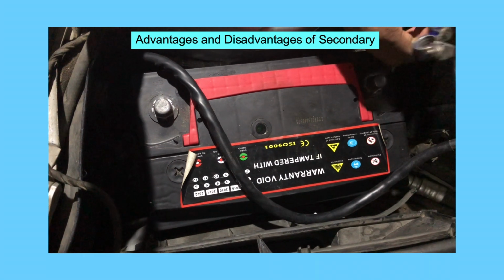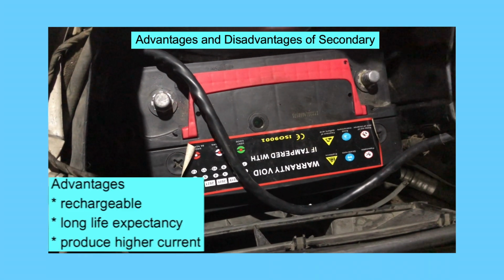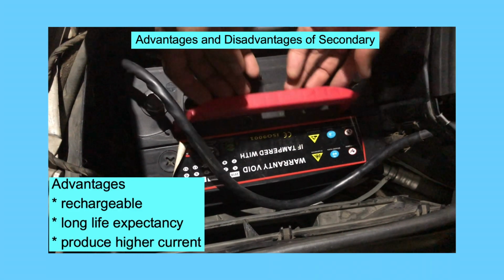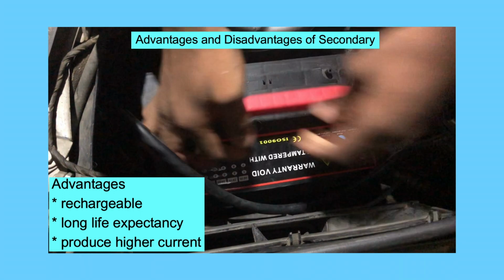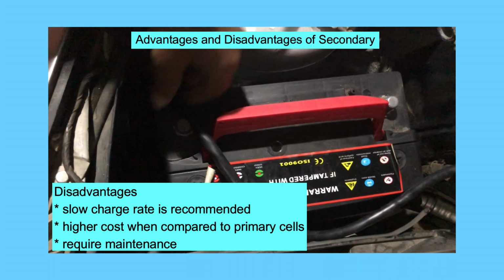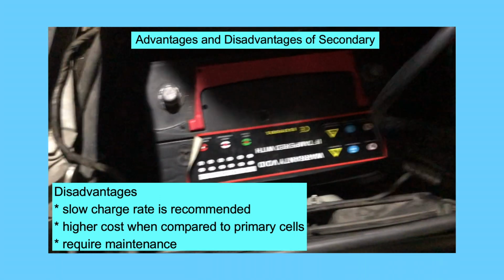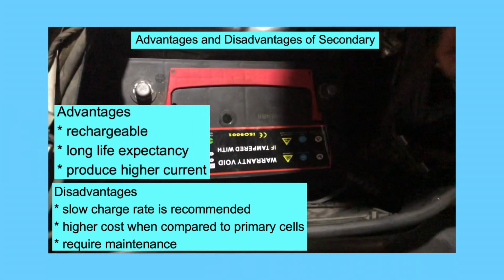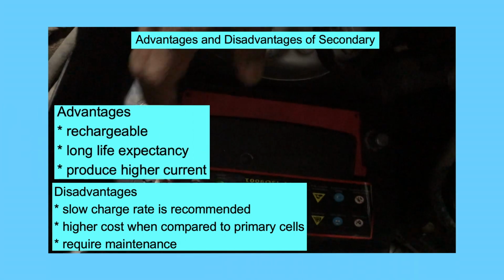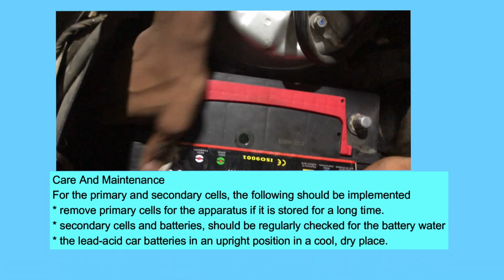Advantages and disadvantages of secondary cells. Advantages: rechargeable, long life expectancy, produce high current. Disadvantages: slow charge rate is recommended, higher cost when compared to primary cells, require maintenance. Care and maintenance.